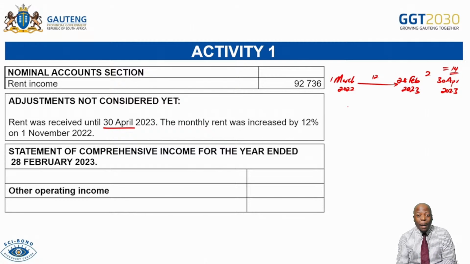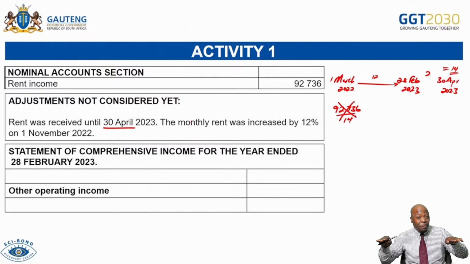Now, I'm going to do something and I'm going to ask you why that is wrong. Let's suppose I take this 92,736 and I say, let's divide it by 14. Will that be correct? No, that will not be correct. Why? Because the rent was not the same for the entire 14 months. The rent increased for a part of the year. When did it increase? From the 1st of November.